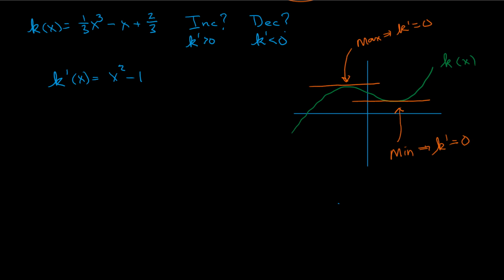Okay, so to locate changes in increasing and decreasing, we're going to compute our derivative, which we have over here on the left-hand side, and I'm going to set it equal to 0. Do not overlook this idea of the derivative equal to 0. Okay, I want to emphasize we do not set the derivative equal to 0 because it's easy to solve.